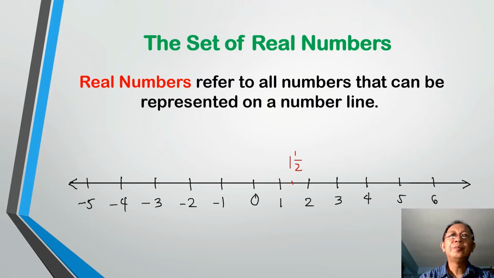So here, this point is negative, so negative is also, okay, or negative 0.75 or negative 75 hundredths.